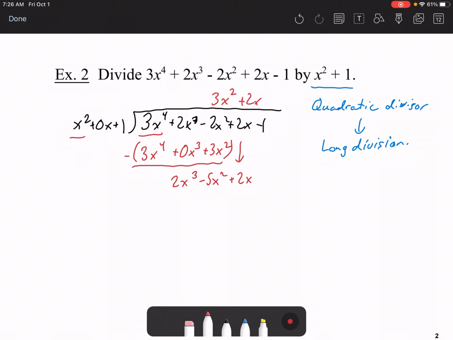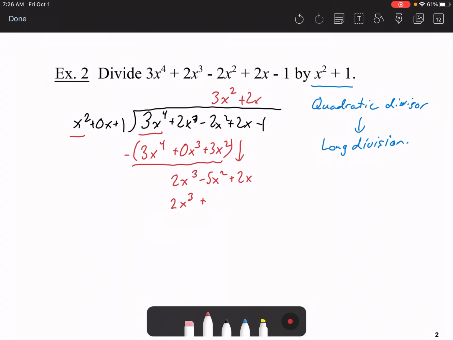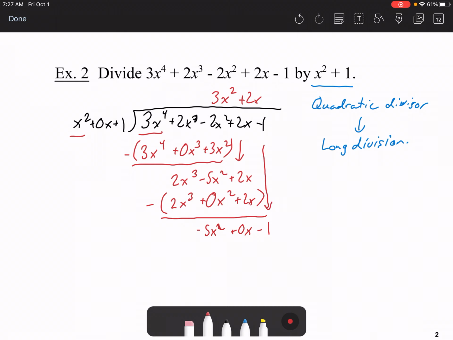So 2x times x squared is 2x cubed. 2x times 0x is 0x squared. 2x times 1 is 2x. Again, subtract. And again, do it again.